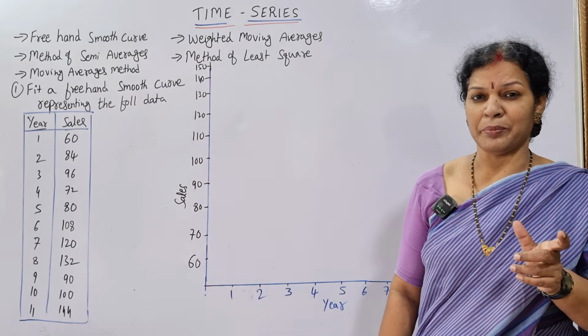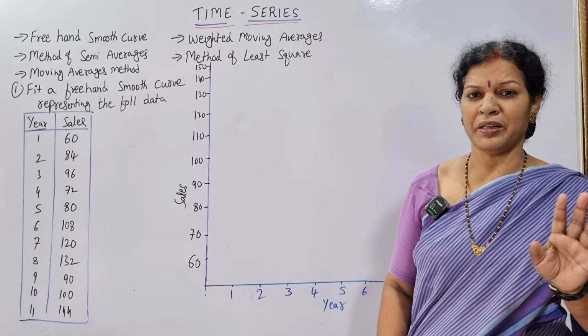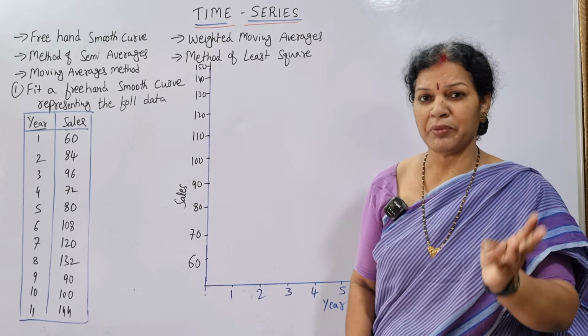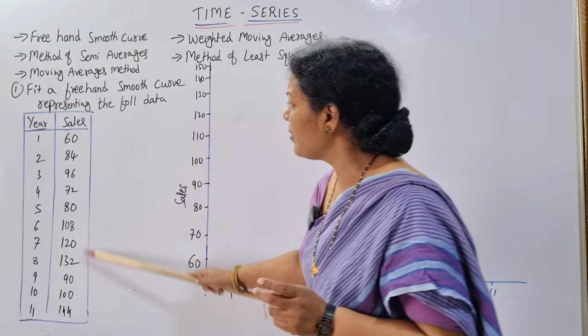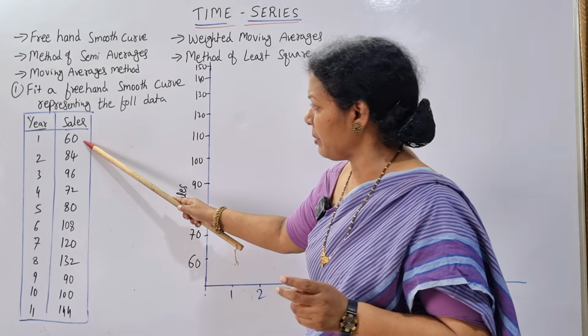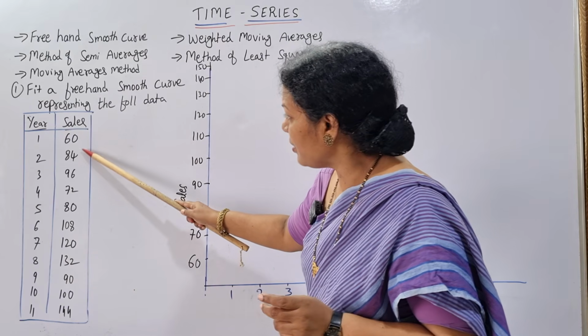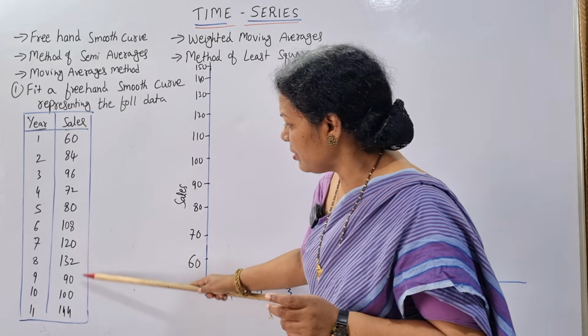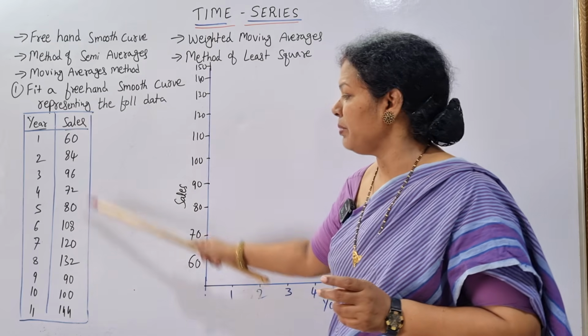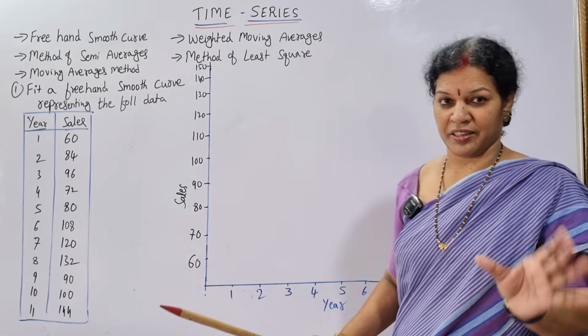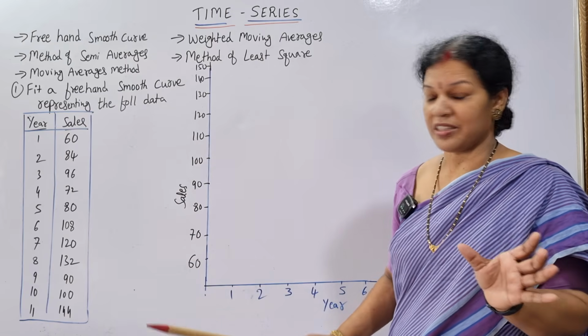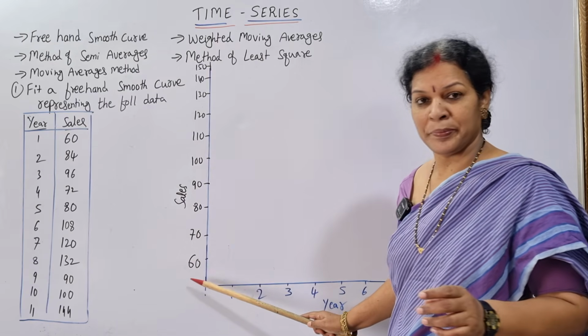Now how to take the numbers? You can take anything, but observe what the minimum number is and what the maximum number is. Here the minimum number is 60. Am I right? 60. And the maximum number is 144. In between you can take any interval. I have taken 10, a class interval of 10, starting with the minimum number of 60.